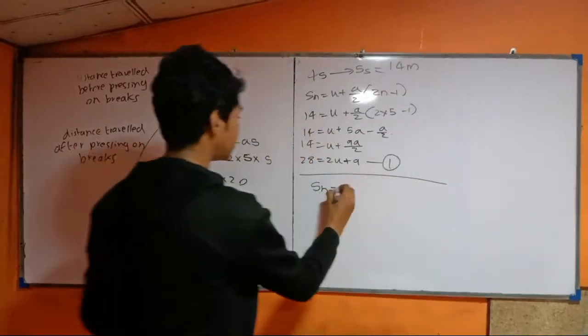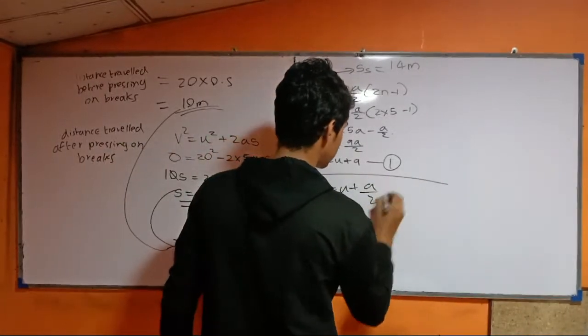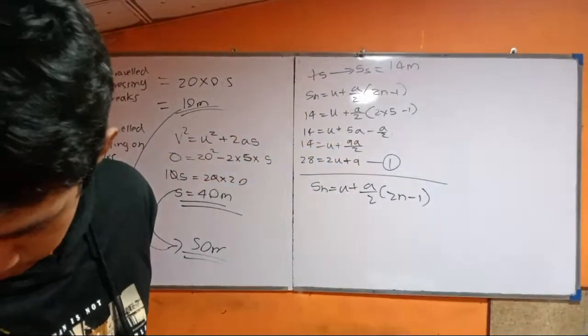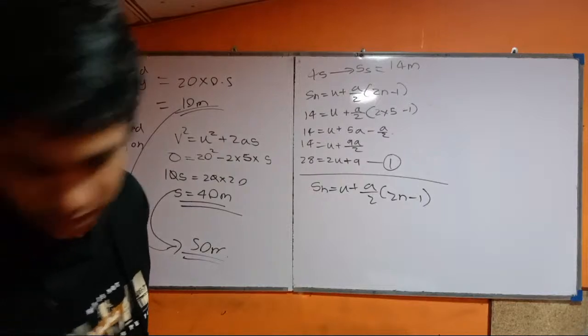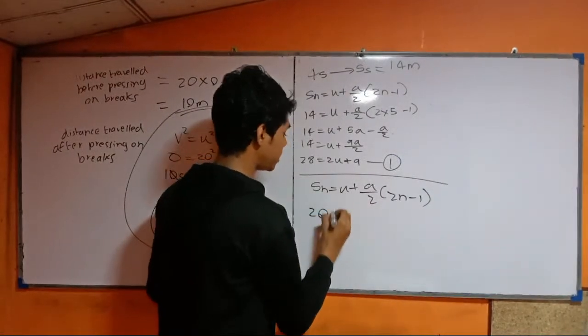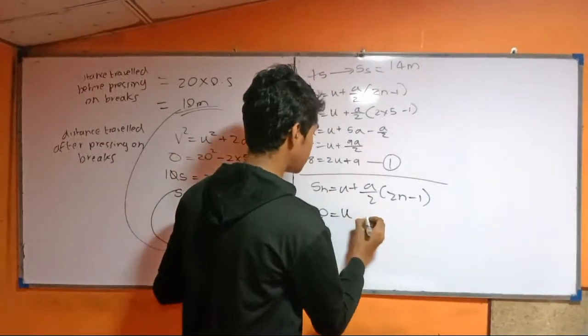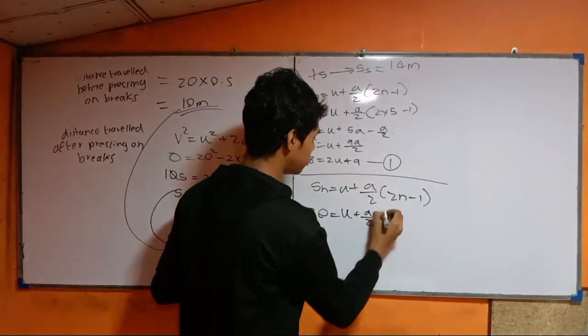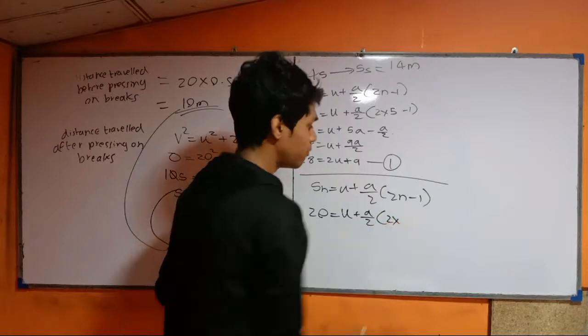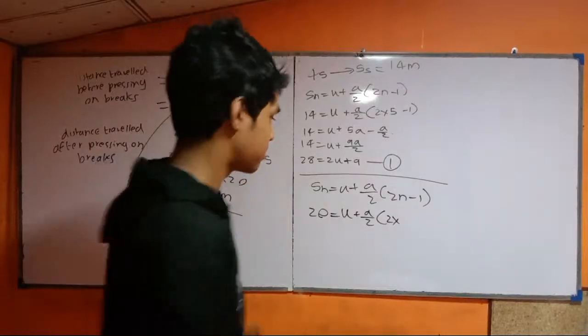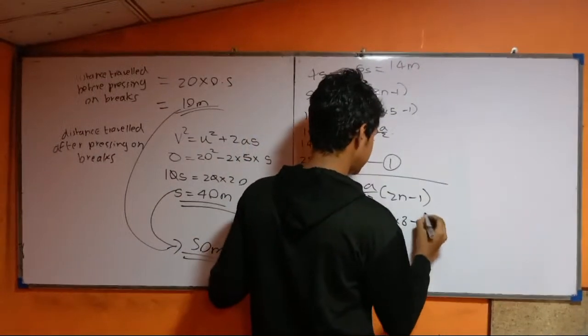So next one, Sn is equal to u plus a over 2 into 2n minus 1. It has 20-meter distance. Initial velocity u plus a over 2 into 2 into which second is that? 8th second. 2 into 8 minus 1.